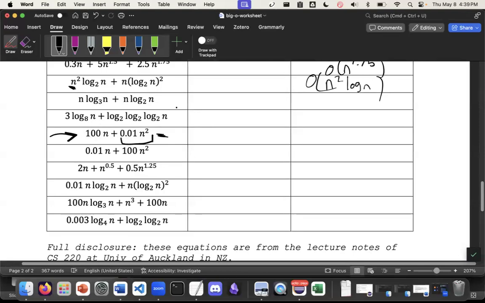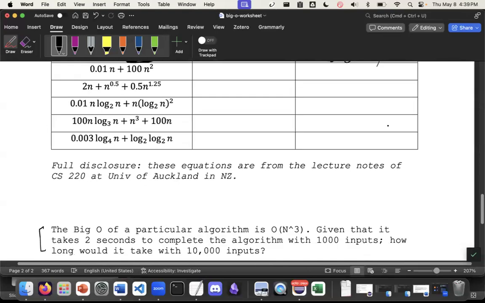Because n squared will grow so much faster than 100n, even though this is 100 times, wait, no, 1,000? Yeah, so this one grows a whole lot bigger. So we ignore the constant and say n squared. Okay.